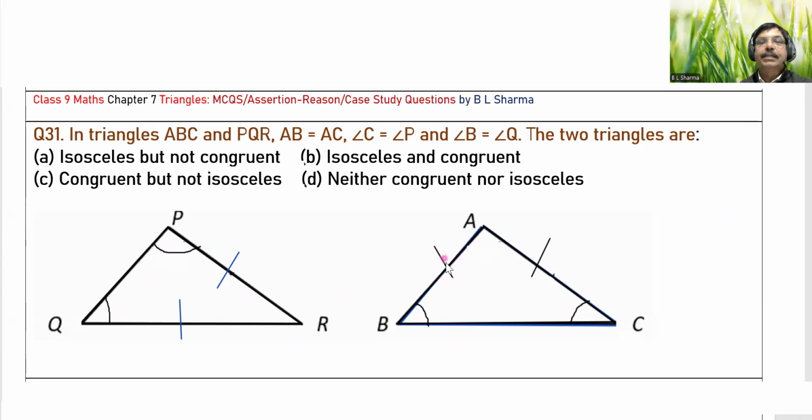In triangle ABC, the two sides are equal, so triangle ABC is also an isosceles triangle, but the sides are not given. So the two triangles are not congruent. So we can say the triangles are isosceles but not congruent. A is the correct option.